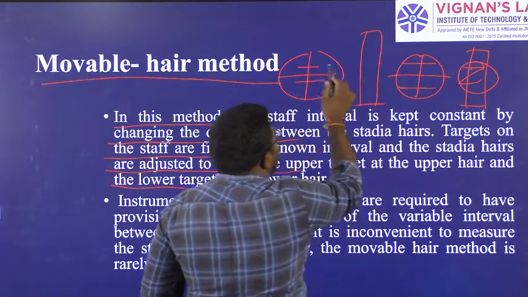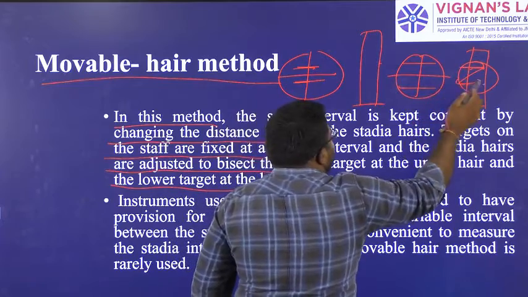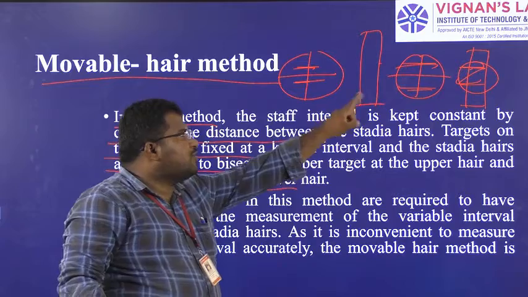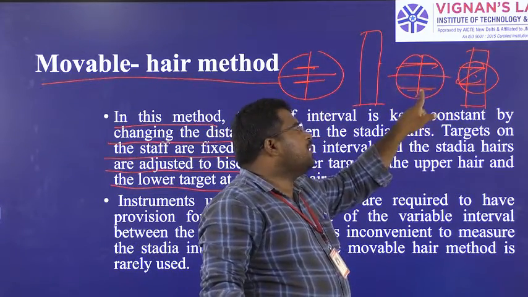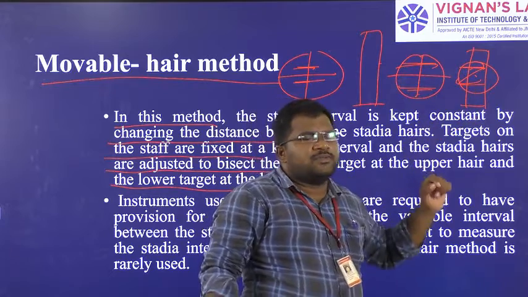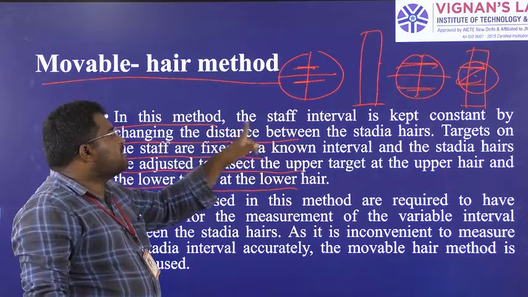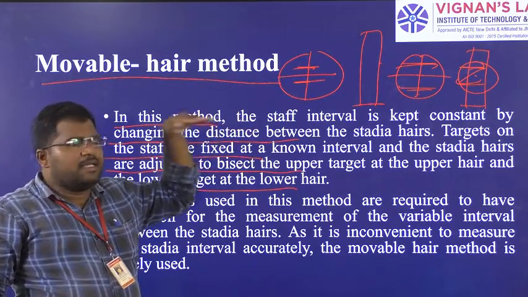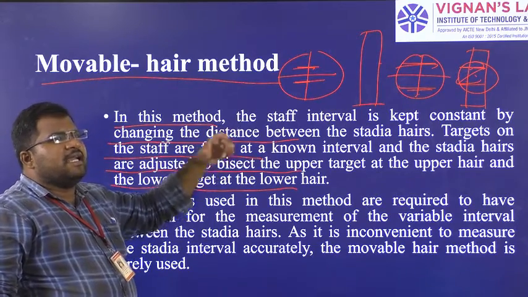Here it is the opposite. So the staff reading will be fixed and the hairs are adjusted so that the upper hair intersects with the upper value and the lower hair matches the lower value. The staff interval is kept constant, and on the staff we keep our reading constant by changing the distance between the stadia hairs.